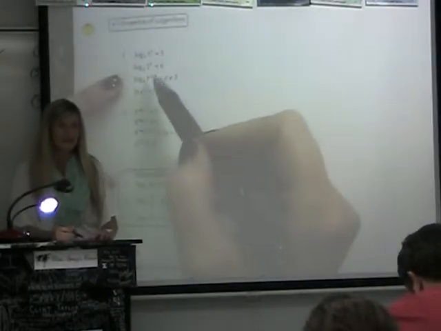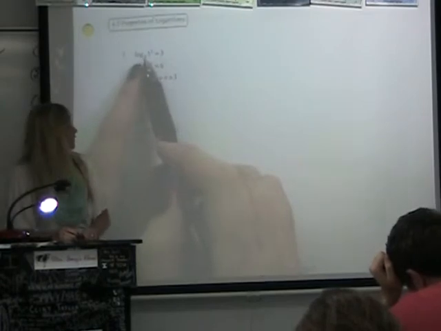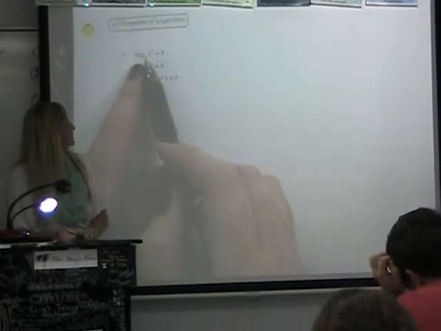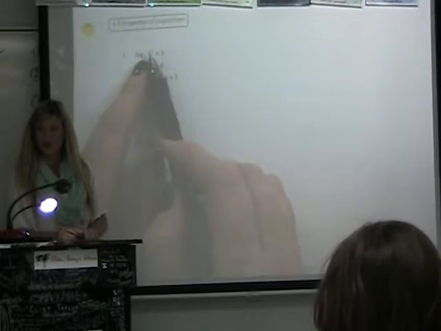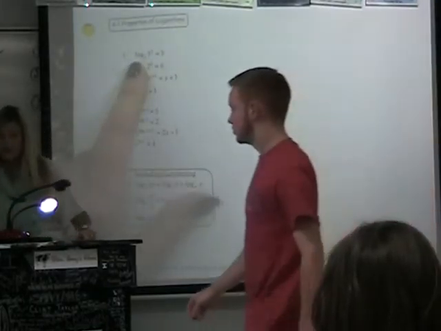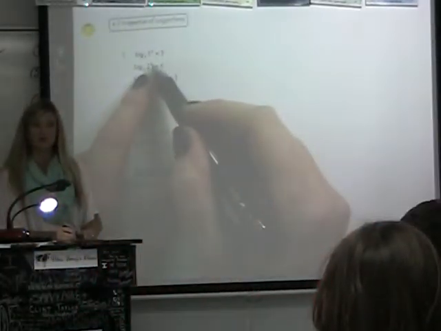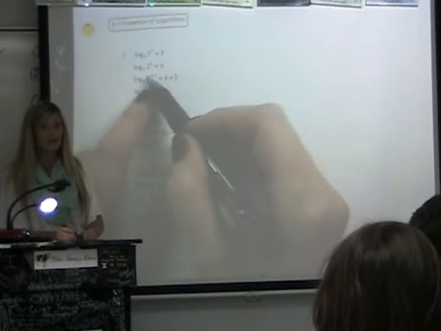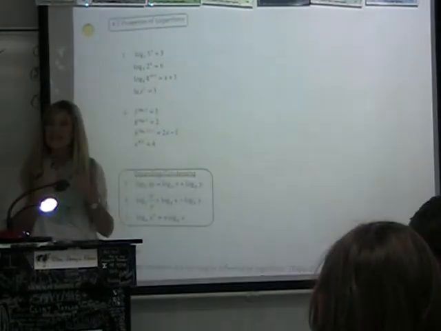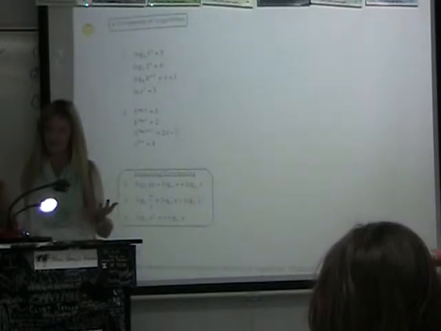The first 3 examples, we can come up with a property. If you notice, for each of these examples, we have the same base on the logarithm as we do on the exponential. So log base 5 of 5 cubed, and see how this one's log base 2 of 2. If the base on the log and the base on the exponential are the same, they cancel each other out and just leave you with the exponent. That's what the property says.